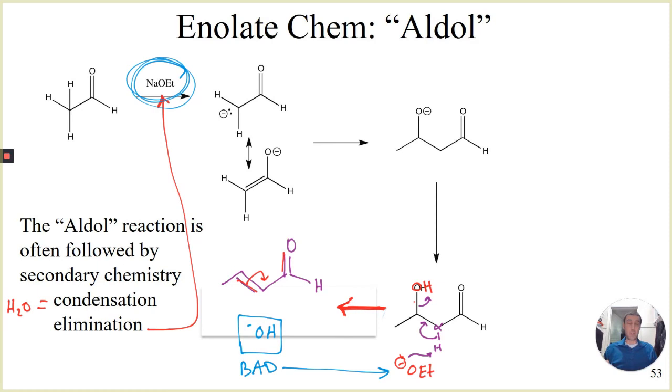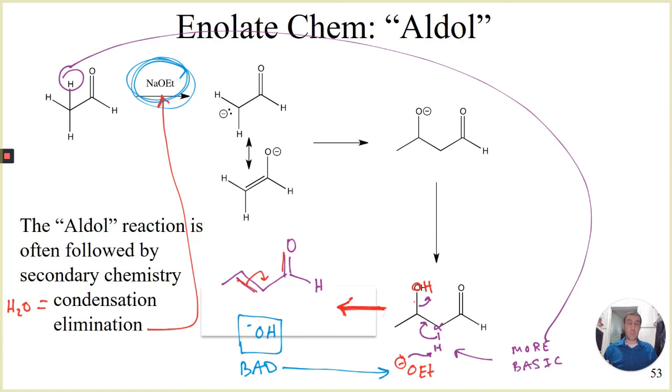Okay? And what's really going to drive that, or kind of push that, is that if we look at that purple hydrogen, it is actually more basic than the hydrogen we removed all the way back at the beginning. Why? Well, the purple hydrogen at the end here has two electron withdrawing effects.